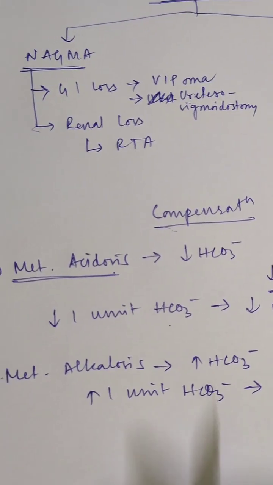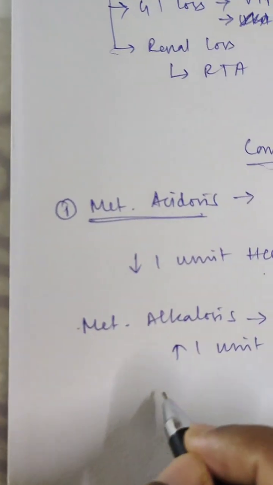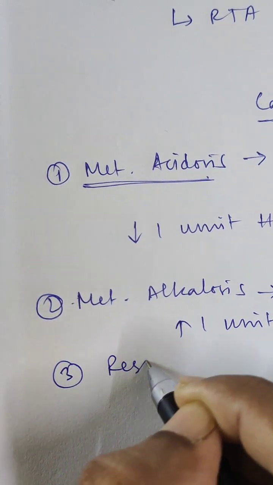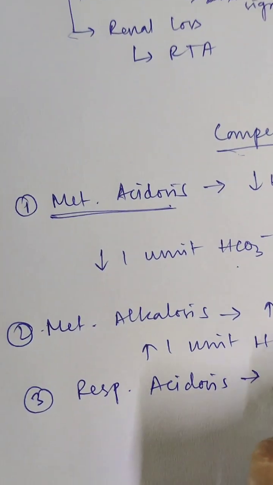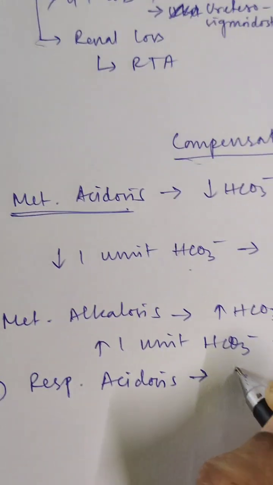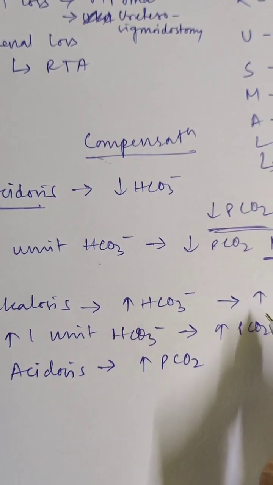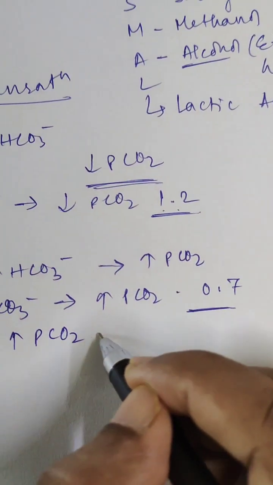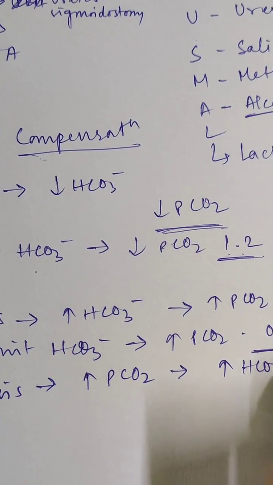Now comes the compensation of respiratory acidosis. This is third. In respiratory acidosis, the primary problem is increase in PCO2, so the compensation will come from the metabolic part. As a part of compensation, the bicarbonate will also increase.